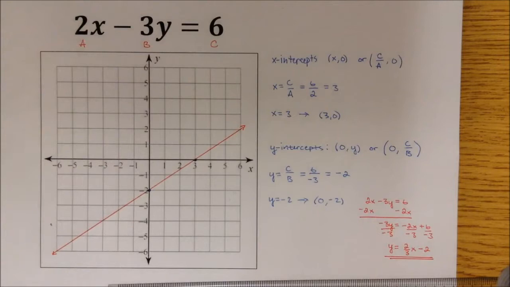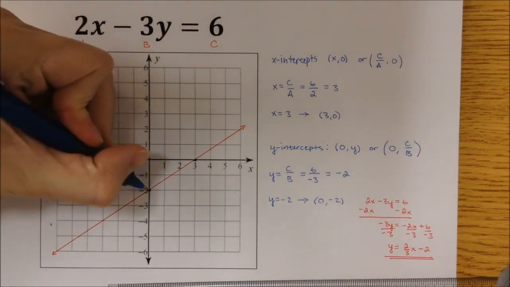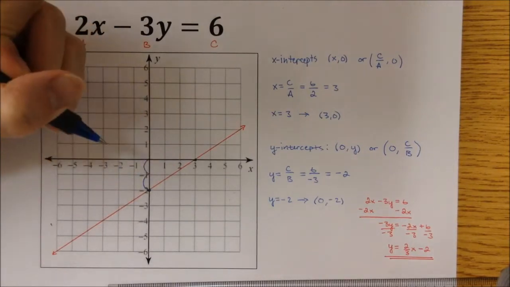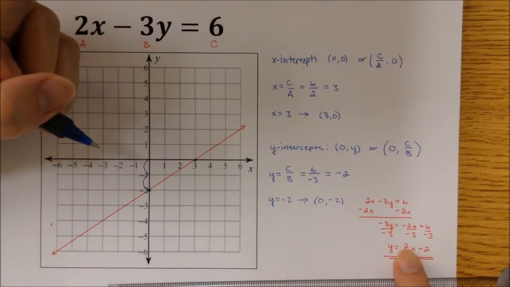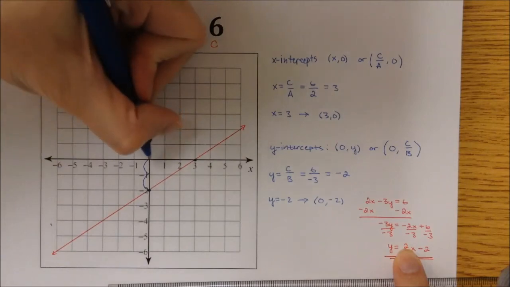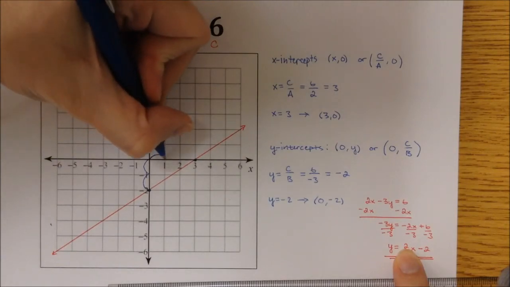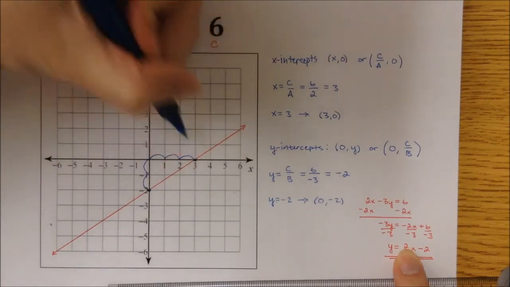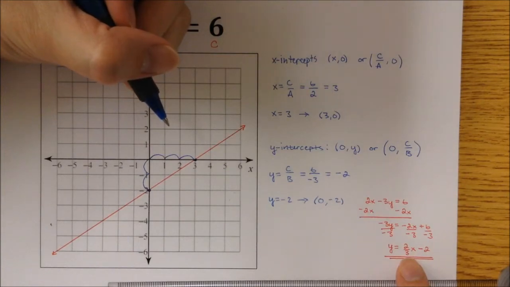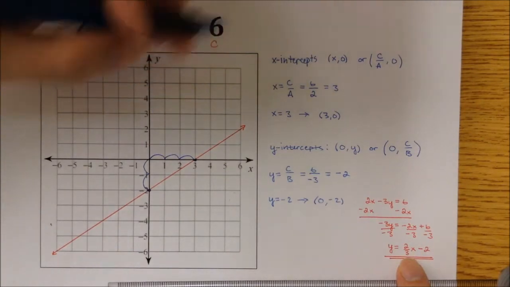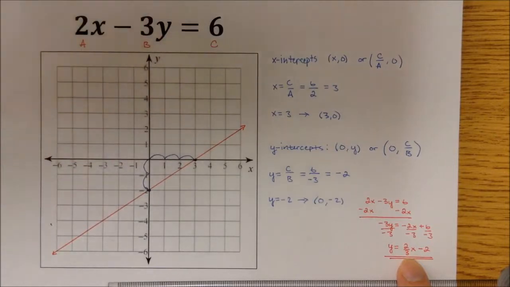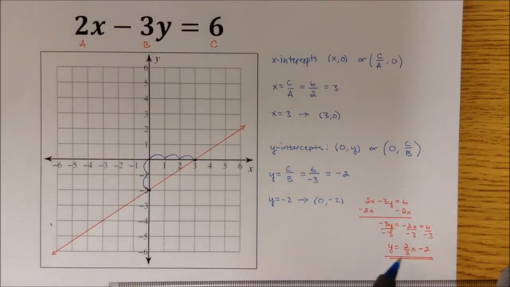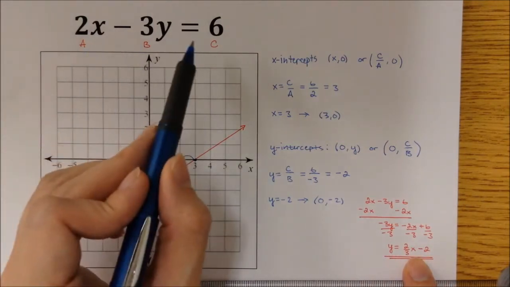Then to check my slope, going from the left point, I'm going to go up 1, 2. I'm looking at my slope, it's positive, so the top number is 2, so it matches. And then I'm going to go to the right, 1, 2, 3, and it matches the bottom number, 3. So this is the correct graph, because I matched it with the slope-intercept form. This is how you would find it if you were given standard form.